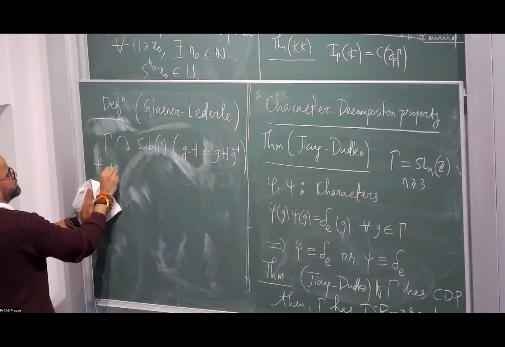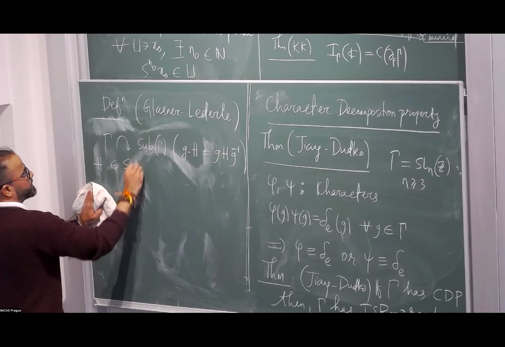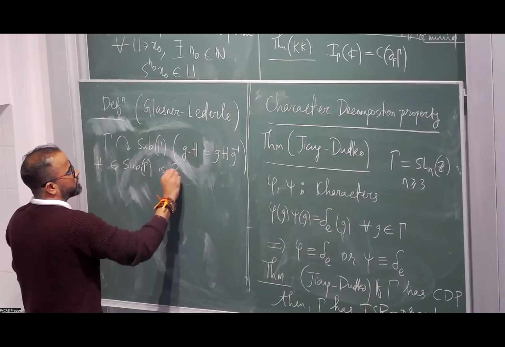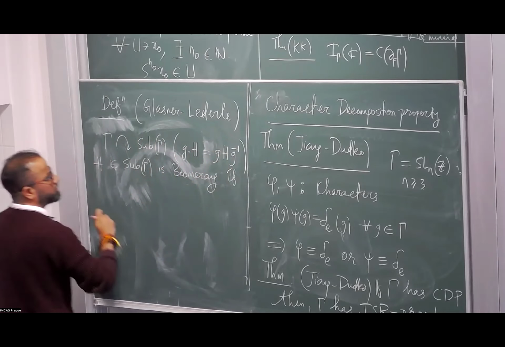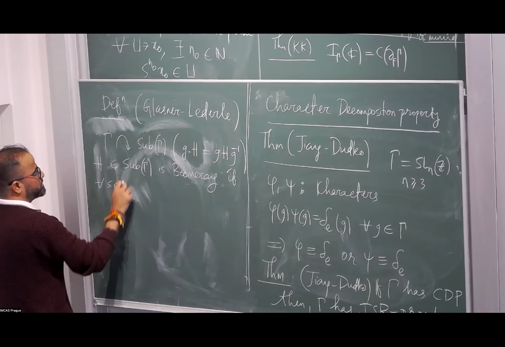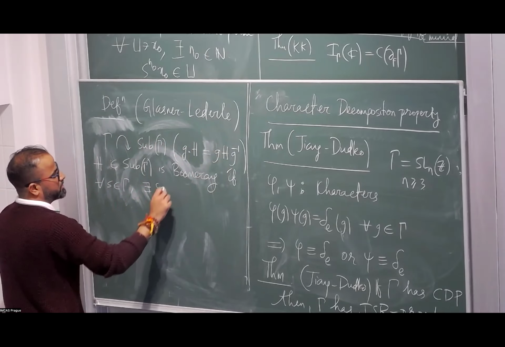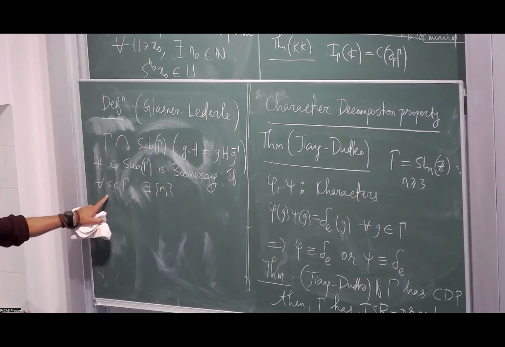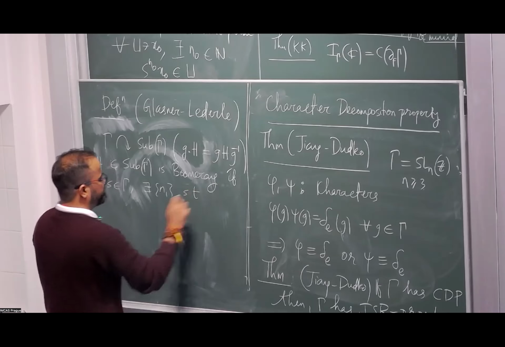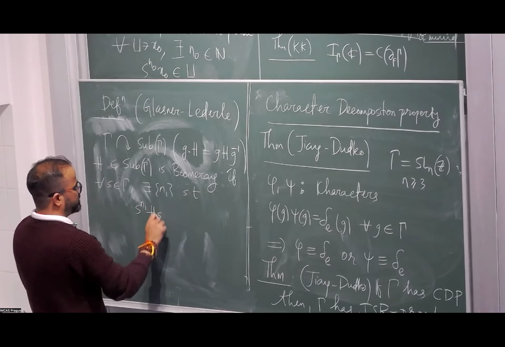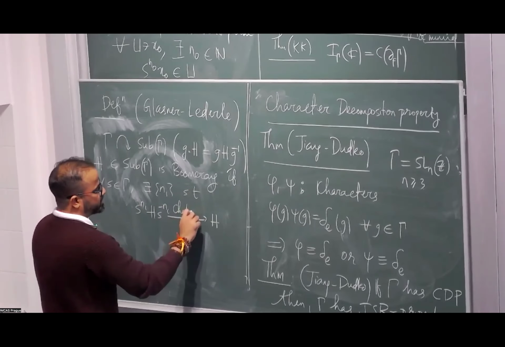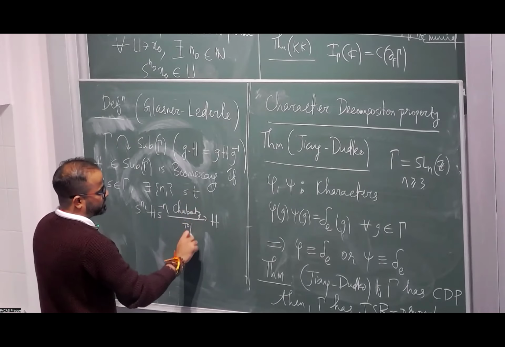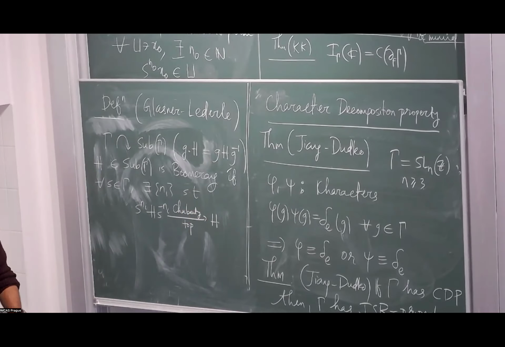You say that H is boomerang if for every S in gamma, you have some subsequence of natural numbers, of course depending on S, such that S to the power n_i H S to the power minus n_i converges to H. This is in the Chabauty topology. In other words, H is a recurrent point under this action.